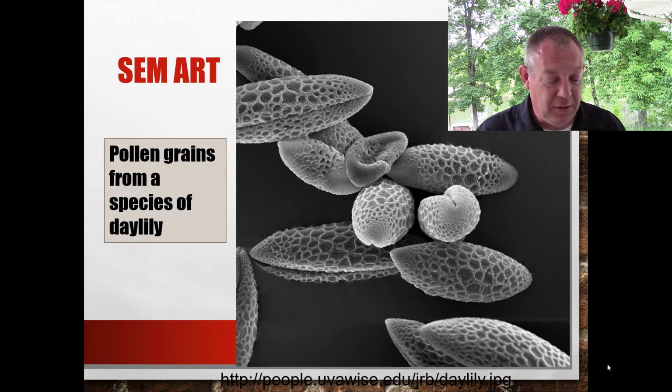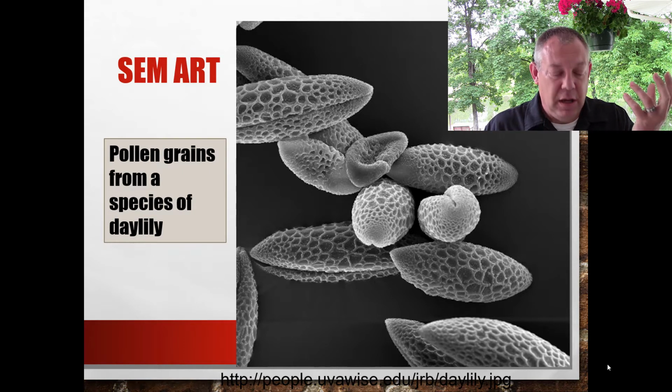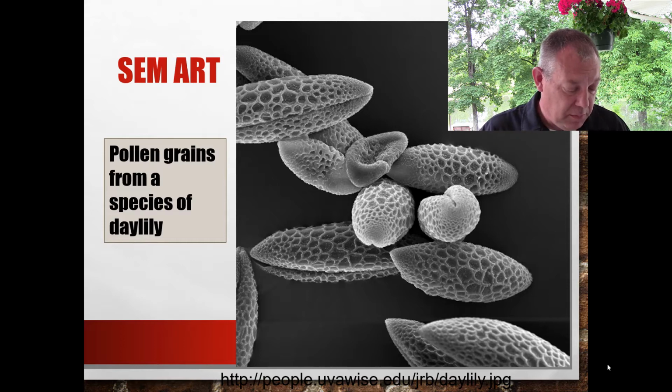And so these are pollen grains, and I just think it's cool because, again, these are incredibly small things, but you can see the incredible detail in them. And so it just makes you think about all the cool stuff you can see in the world, but if you shrink yourself down, there's just as much cool stuff.